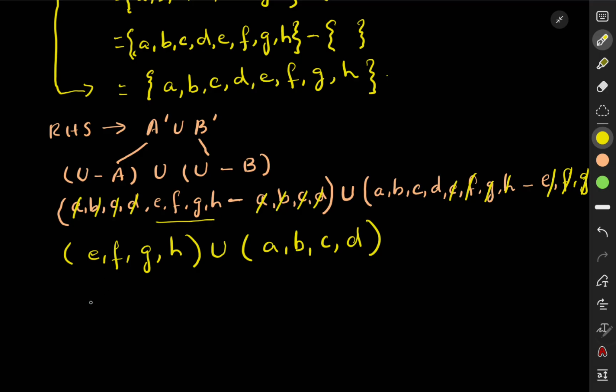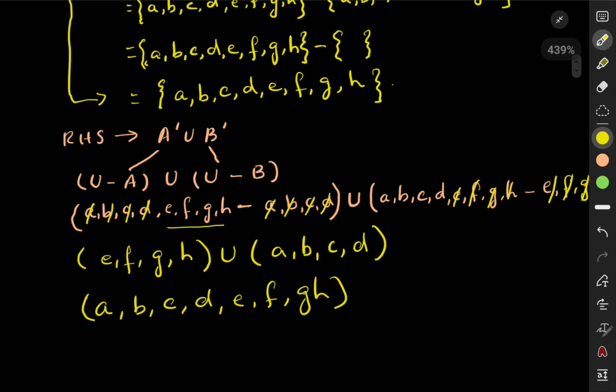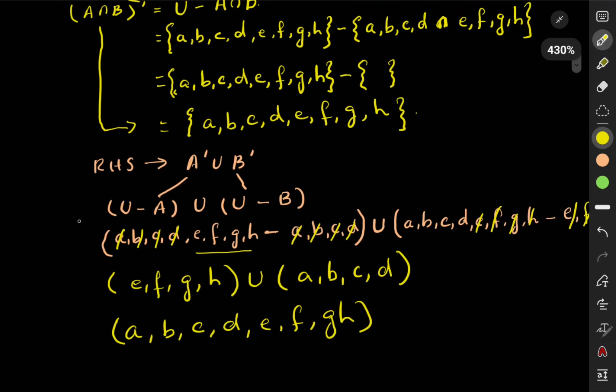That is, first we write the alphabet A, then B, C, D, E, F, G and H. All the members are written here. Now this is the final result of right hand side, that is A complement union B complement.